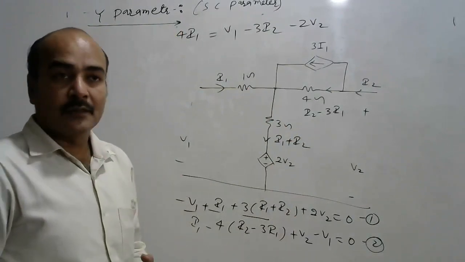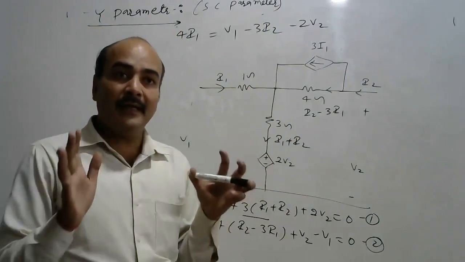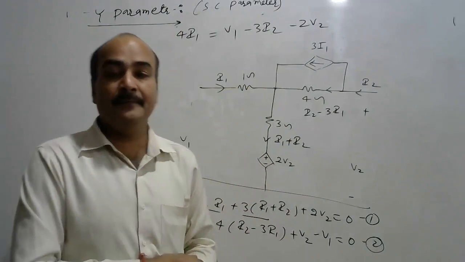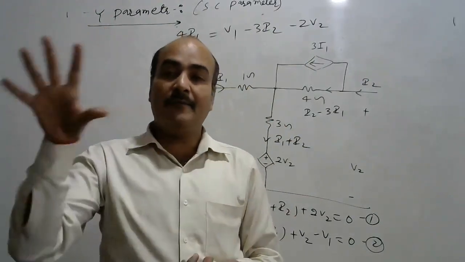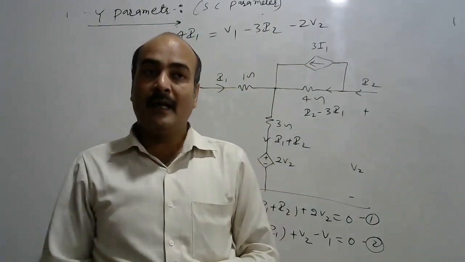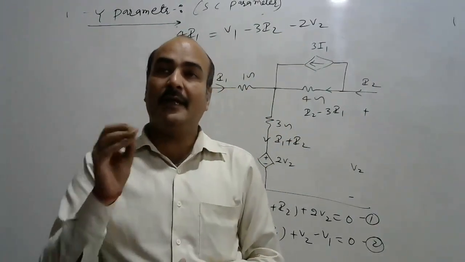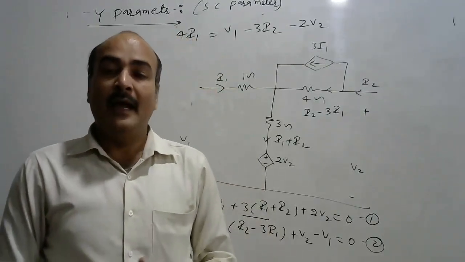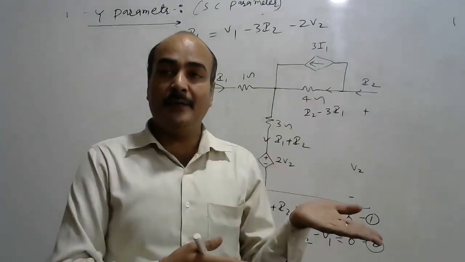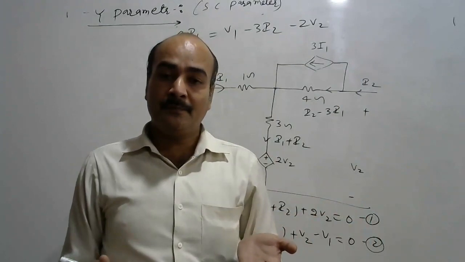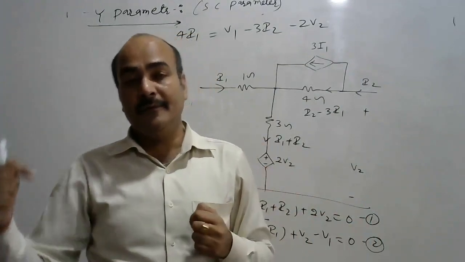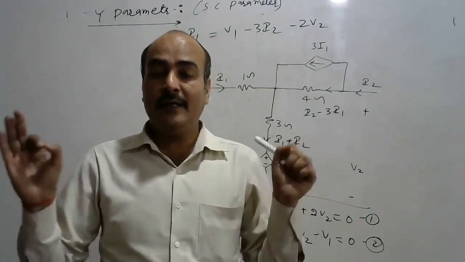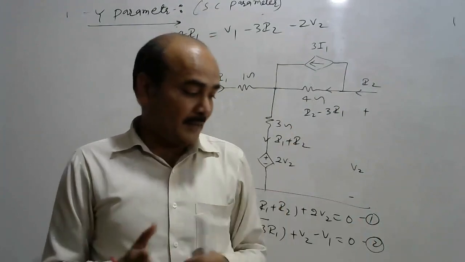So how can we finally conclude? For the Z parameter, make V1 and V2 a function of I1 and I2, compare with the standard equation and calculate the values of all Z11, Z12, Z21 and Z22. And in the Y parameter, I1 and I2 are functions of V1 and V2. Make I1 and I2 a function of V1 and V2, compare with your standard equation and calculate all the values of the Y parameter.